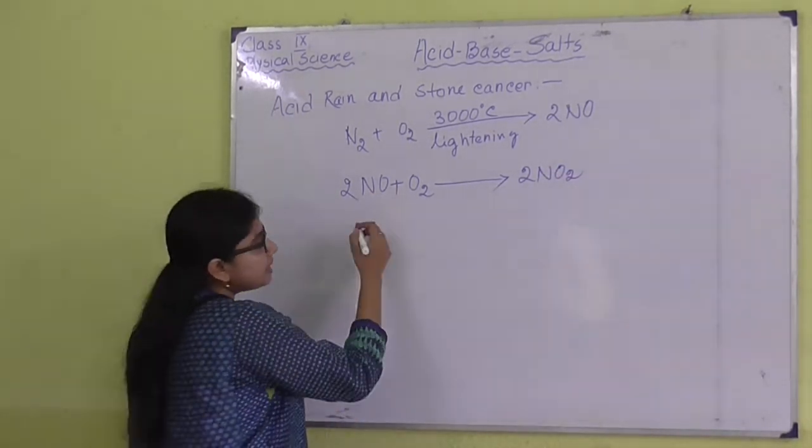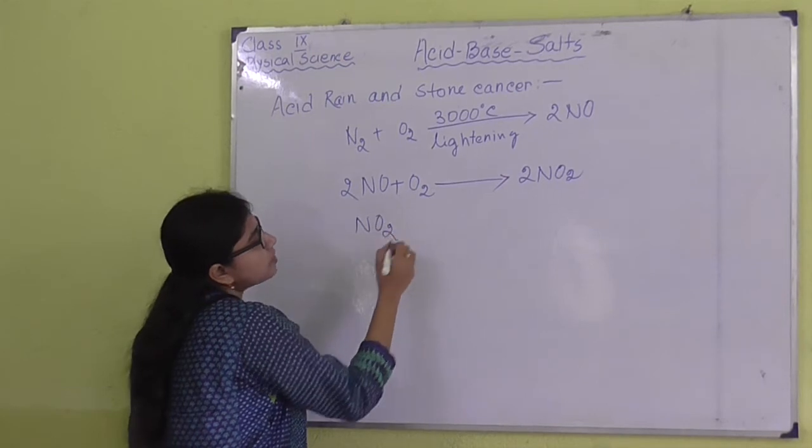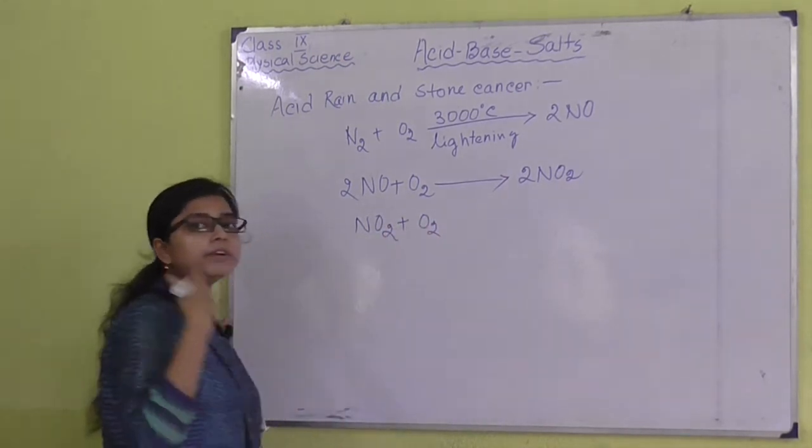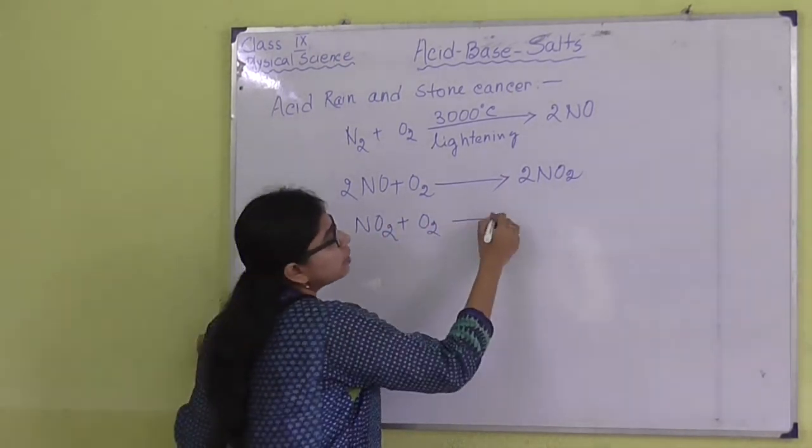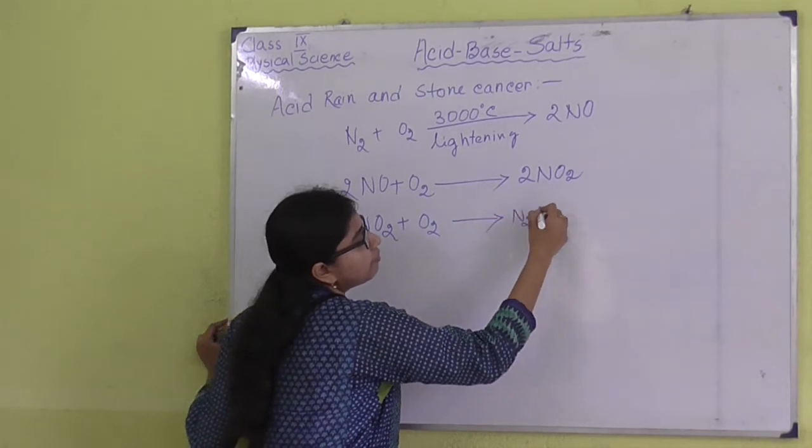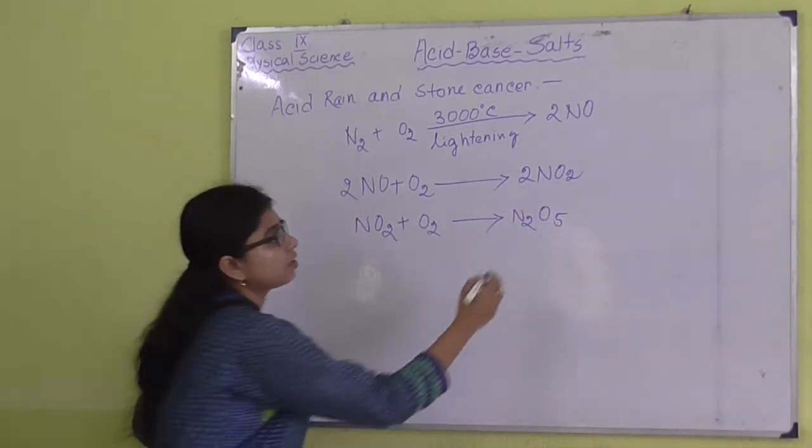Okay. And this NO2 sometimes will combine with more oxygen to give N2O5, that is nitrogen pentoxide.